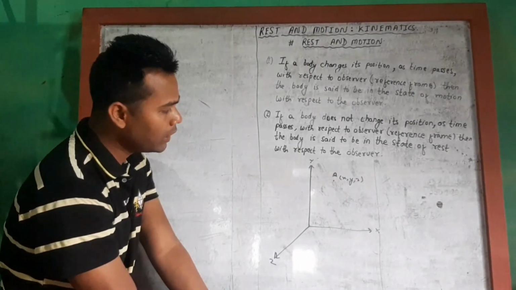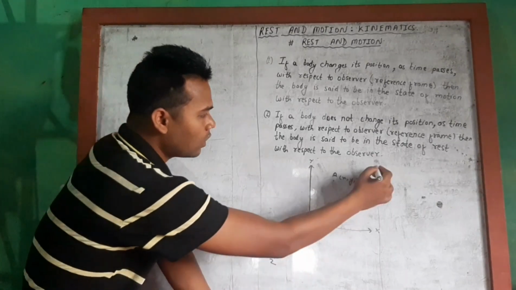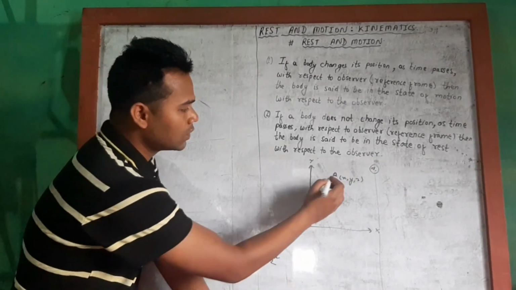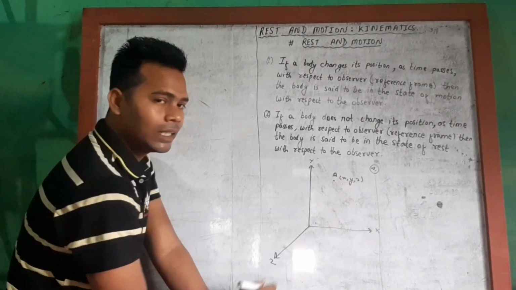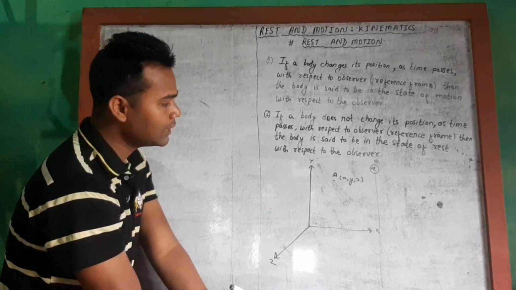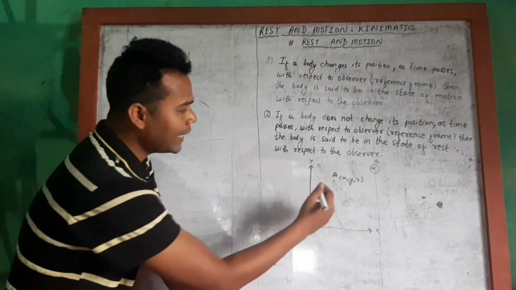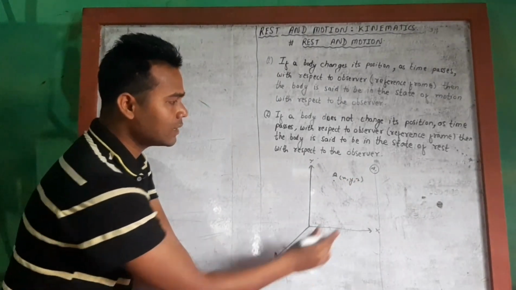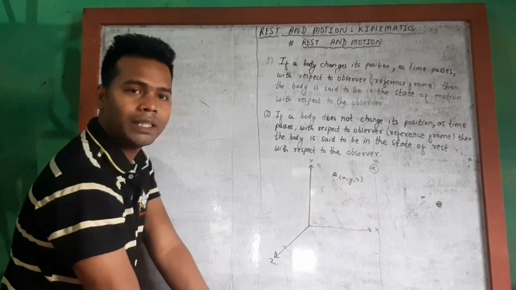Now if we fix one clock in this reference frame, and we observe the body at the point A, and if the body changes its position, or if any coordinate x, y or z changes as the time passes, then the body is said to be in motion.